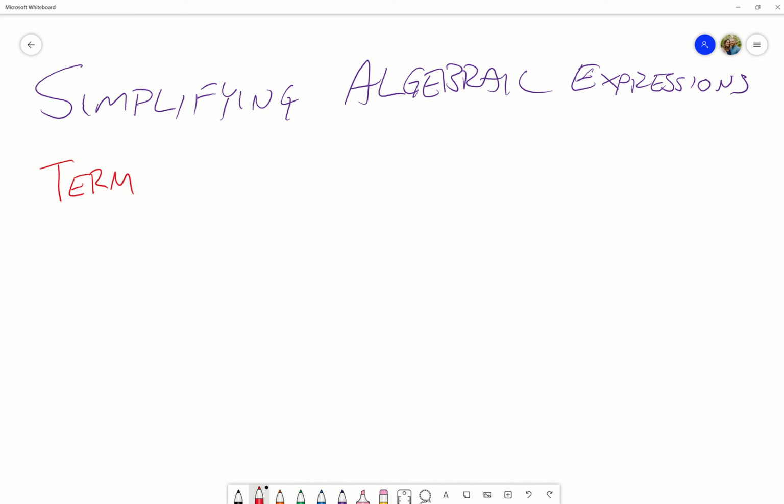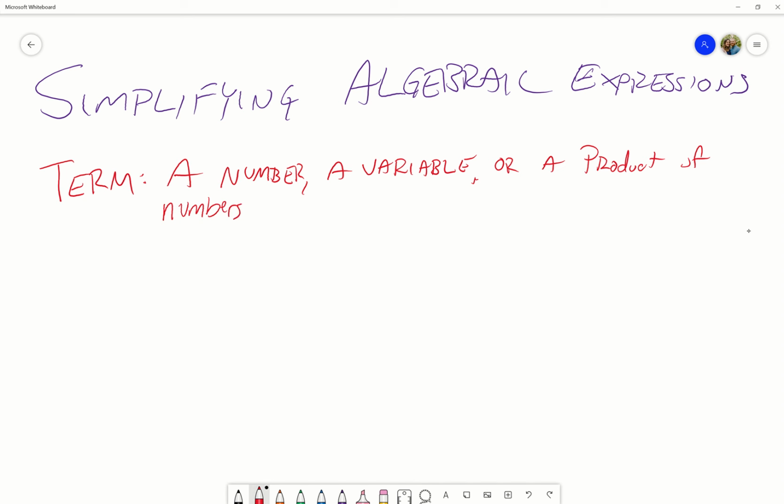And a term is either a number, a variable, or a product of numbers and variables used in an expression.